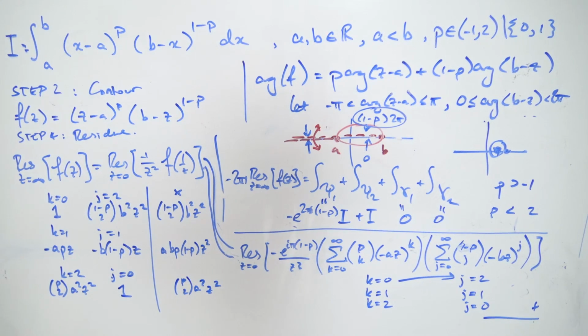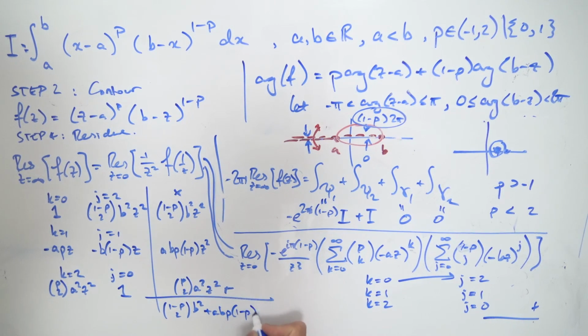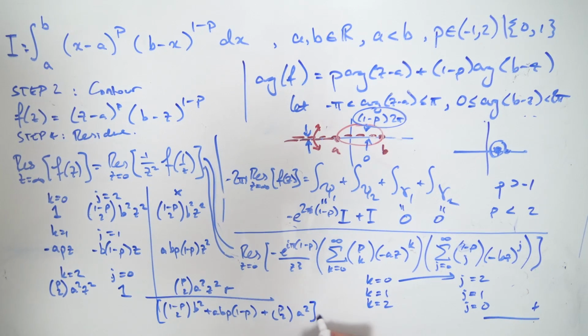So those are all the coefficients of the z squared terms, and now we just have to add them all together to figure out the total coefficient. So we're going to have 1 minus p choose 2 times b squared plus abp times 1 minus p plus p choose 2 times a squared, and this is the whole coefficient of our z squared term.